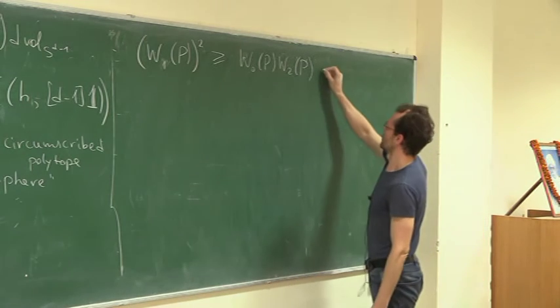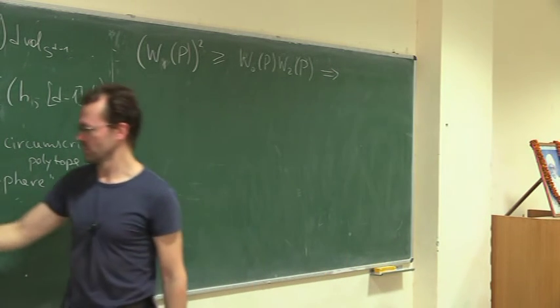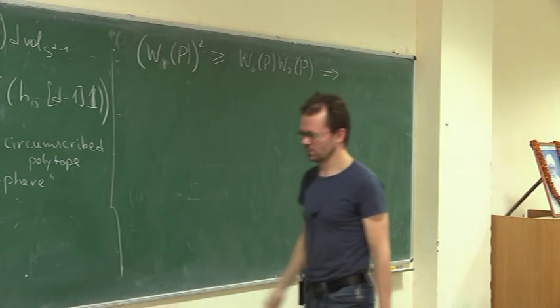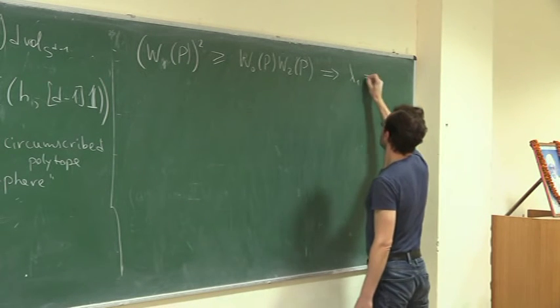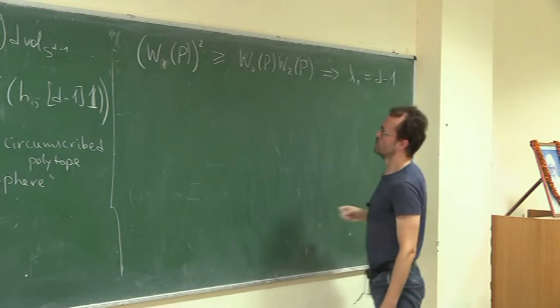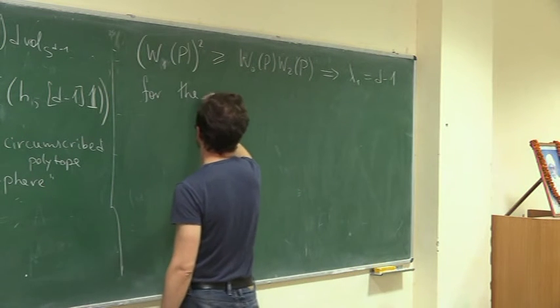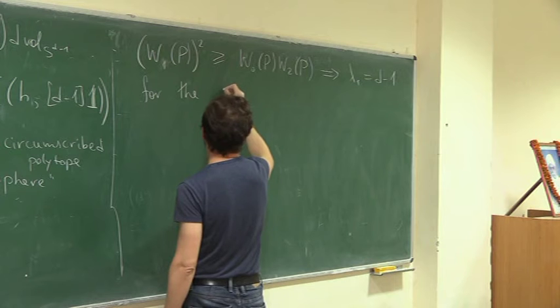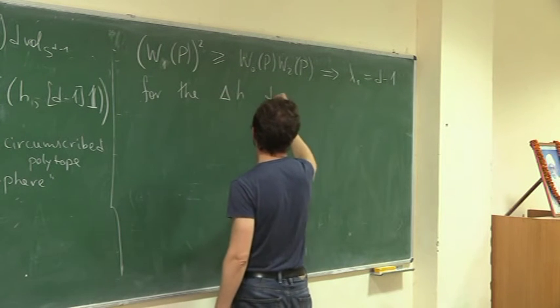And this inequality now implies, in the opposite direction, that the spectral gap of this operator is d minus 1. Lambda 1 is equal to d minus 1 for the operator defined above.